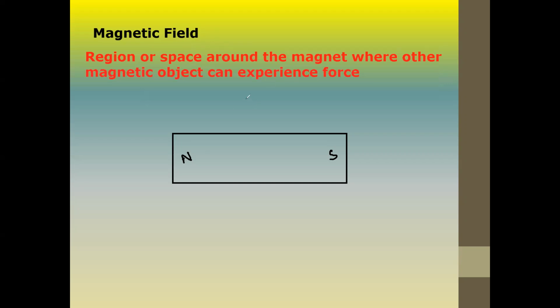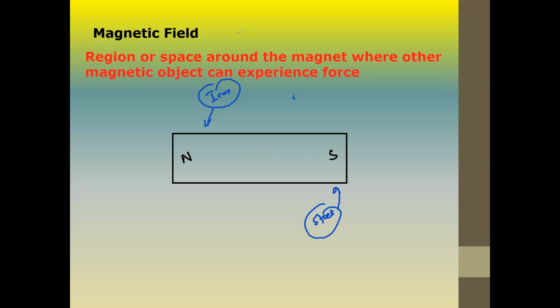For example, if I place a piece of iron, iron is a magnetic material, so this iron will be attracted. If I place another object, for example a steel object, steel is also a magnetic material, so it will be attracted.